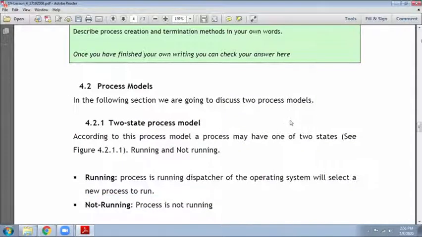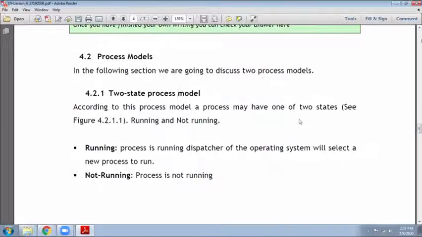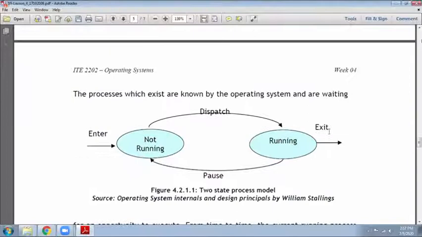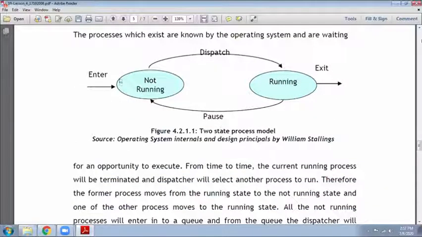Then another important one is something called process models. In the following section, we are going to discuss two process models. So this is a kind of model. We have two states. This is one state, this is another state, right?